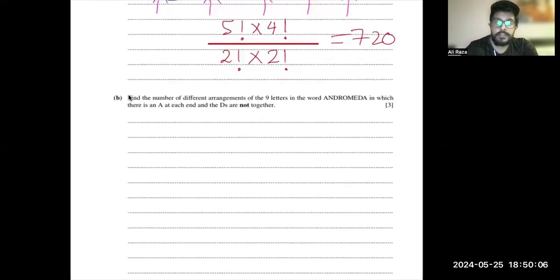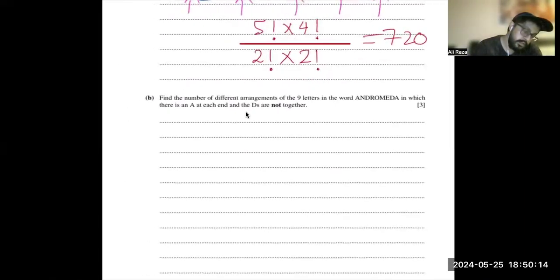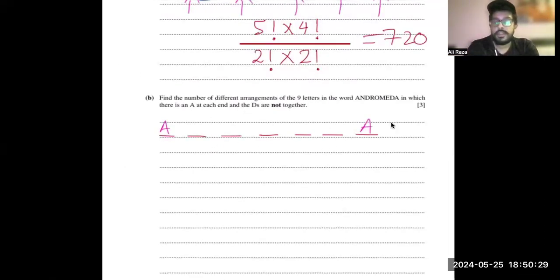In part B, we need to find the number of arrangements of the 9 letters in which there is an A at each end and the D's are not together. Let's fix both the A's. Now we have 5 letters and 2 D's. The D's can come in these positions.